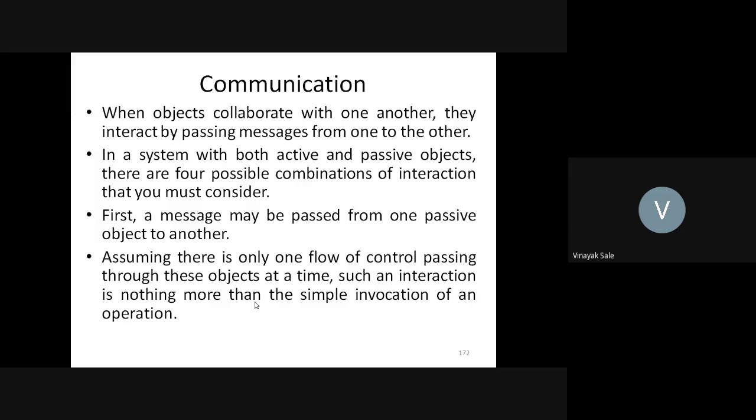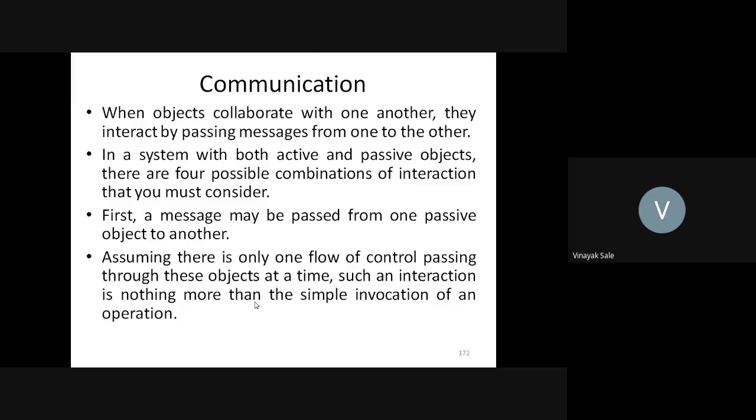First, a message may be passed from one passive object to another, assuming there is only one flow of control passing through these objects at a time. Such an interaction is nothing more than the simple invocation of an operation.